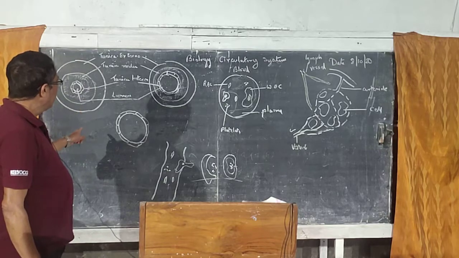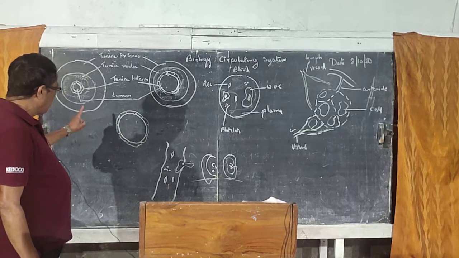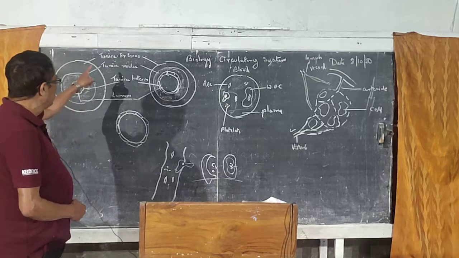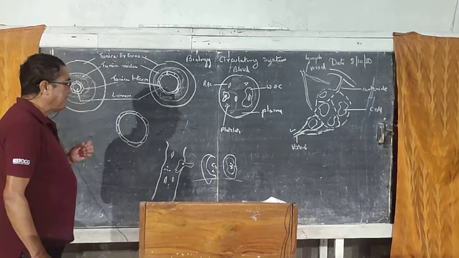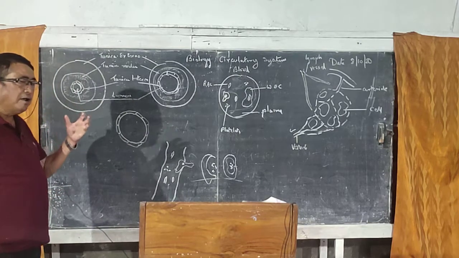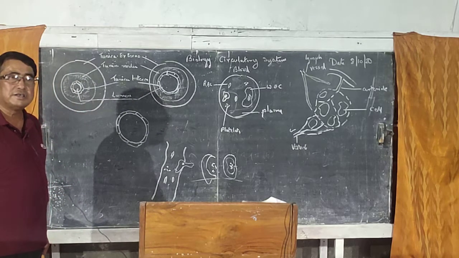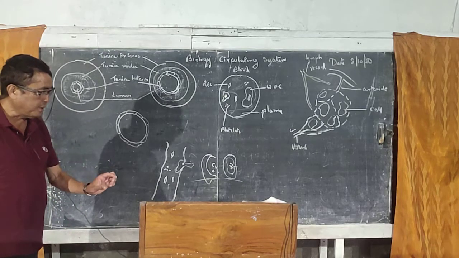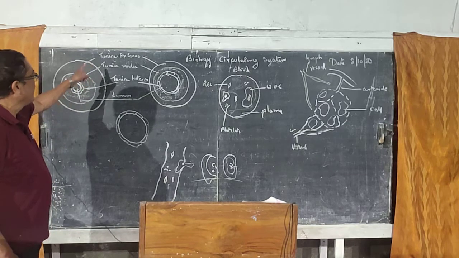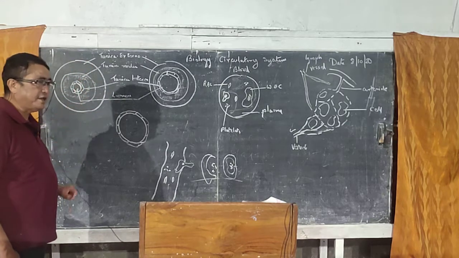Since this pulmonary artery carries blood from the right ventricle to the lungs, it carries deoxygenated blood. But as I told you, all arteries carry oxygenated blood. Exception, remember this one, pulmonary artery carries deoxygenated blood.